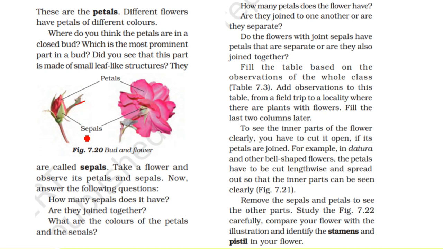This is that green structure and it is called sepal. Once the flower blooms, the sepal is at the bottom of the petals. Then if we take these sepals and petals out, we have some structures at the center of the flower. Those structures are stamen and pistil.